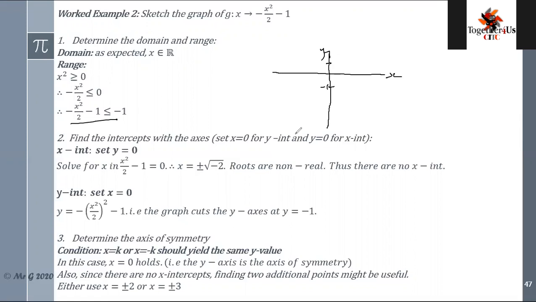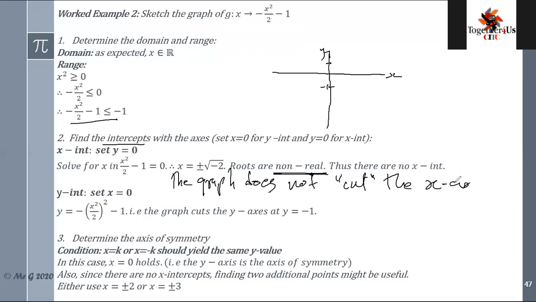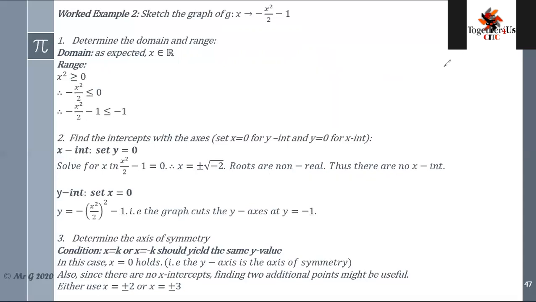Another interesting point why I selected this example is that if you find the intercept, you will realize that the solutions, or the roots, I spoke about roots, are not real. In other words, the graph does not cut the x-axis. This is the implication here. And how do we see that roots are non-real?